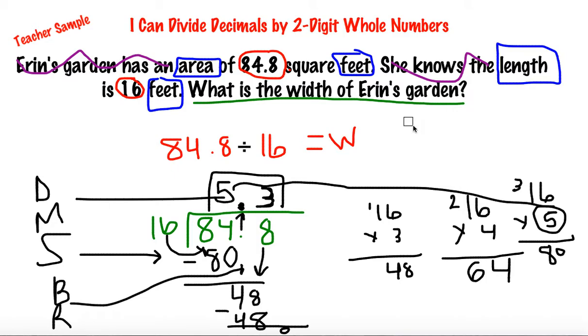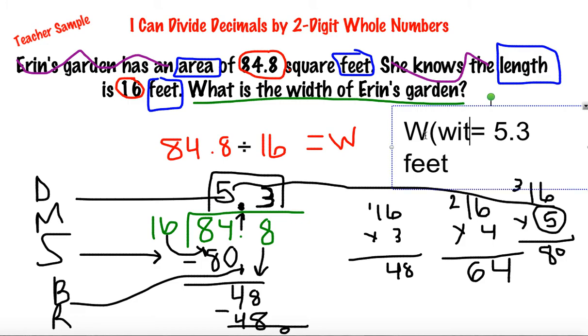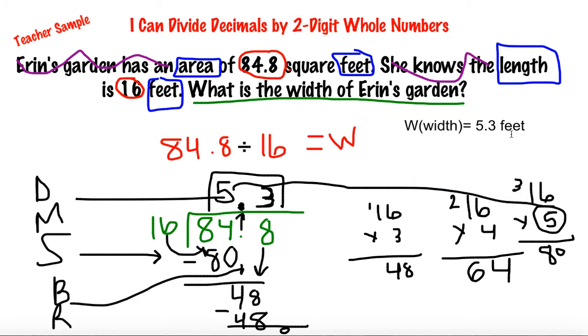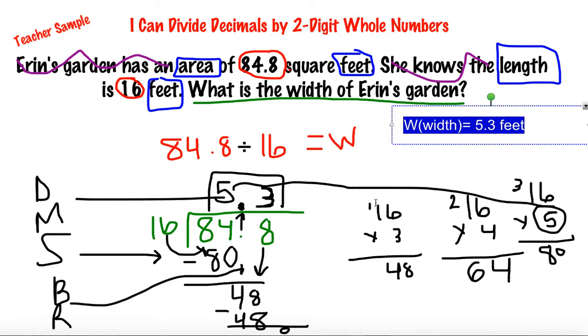So we know W equals 5 3/10 feet. W stands for width. So the width of her garden is 5.3 feet, and that is my final answer.